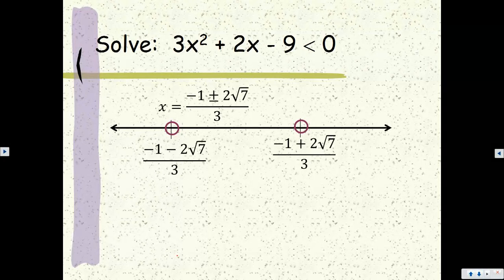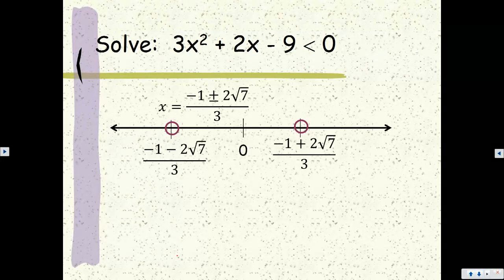It looked to me like negative 1 minus 2 radical 7 over 3 would be a negative number, because negative 1 minus 2 something is going to be negative over a positive. So I know the one on the left is negative, and the one on the right is negative 1 plus 2 radical 7. 2 radical 7 is bigger than 1 because 2 is bigger than 1. So this one must be a positive number on the right side.